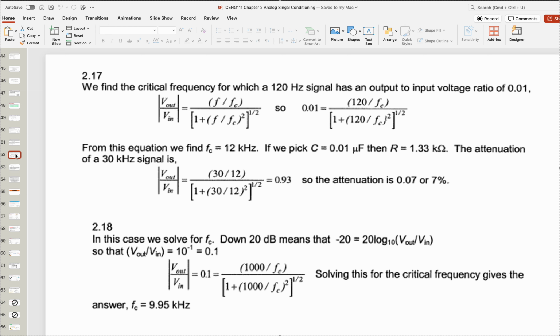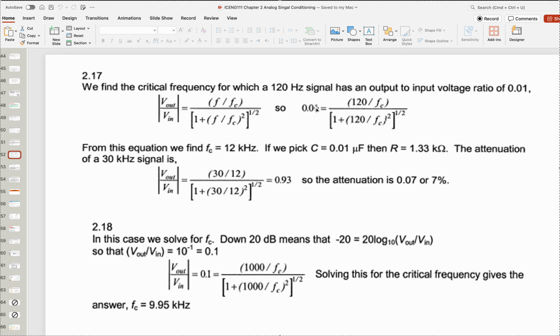So let's see another problem just for the high pass filter, where, for example, here we find the critical frequency for which a 120 hertz signal. Now this is a low frequency, and we want to get rid of it. Has an output input voltage ratio, so we have the voltage ratio is 0.01.